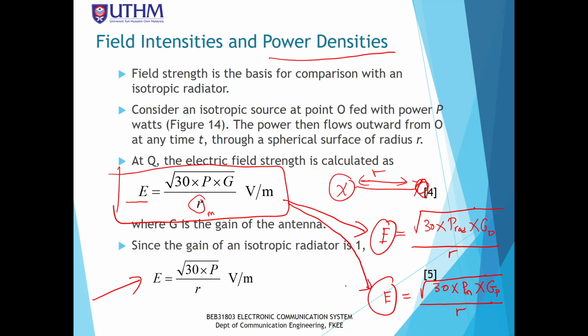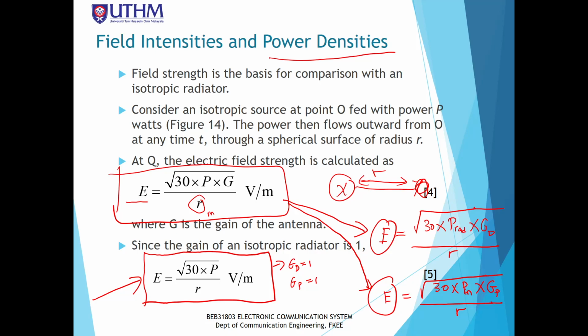And the equation below here is for the isotropic radiator. Remember, for the isotropic radiator, both gains are equal to 1. So you see that here GD equals 1, GP equals 1. This is the isotropic radiator characteristics.